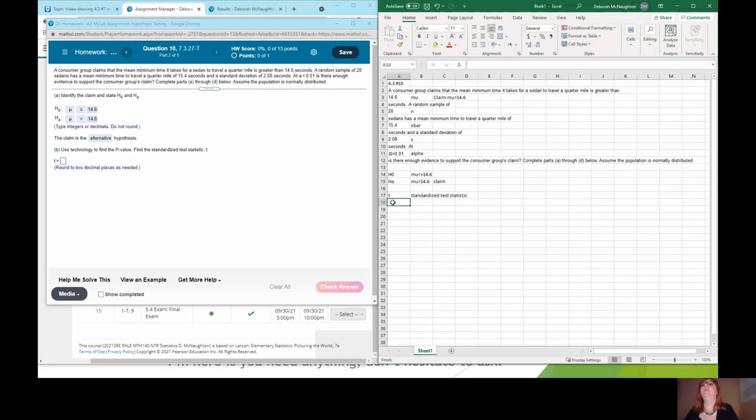So remember, the critical t is the one that we look up based on the alpha level, but the standardized test statistic t is the one that we calculate.